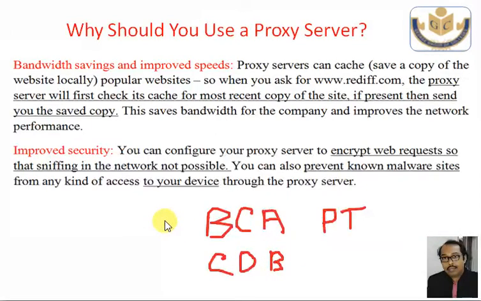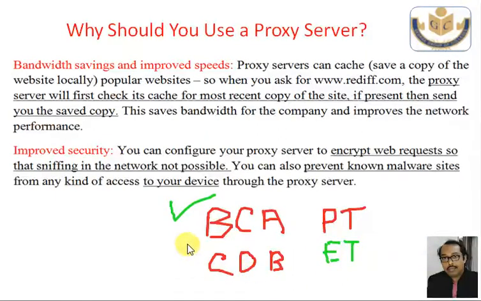Now when I say BCA, it has a clear meaning. BCA means a course that a student is studying. But when I say CDB, there is no course like CDB. Now it has no meaning to you. That means it is encrypted text.